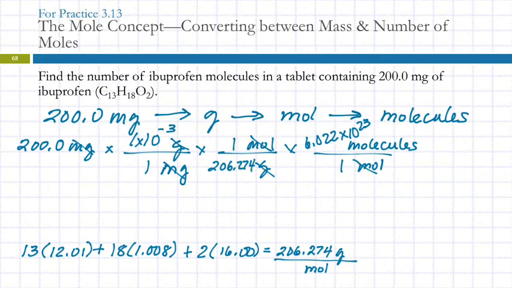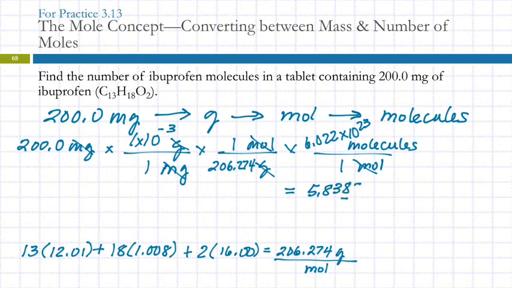And now we have our equation. So 200 times 1 EE minus 3 divided by 206.274 times 6.022 EE 23. And we decided this is going to have 4 significant figures. So 5.838.